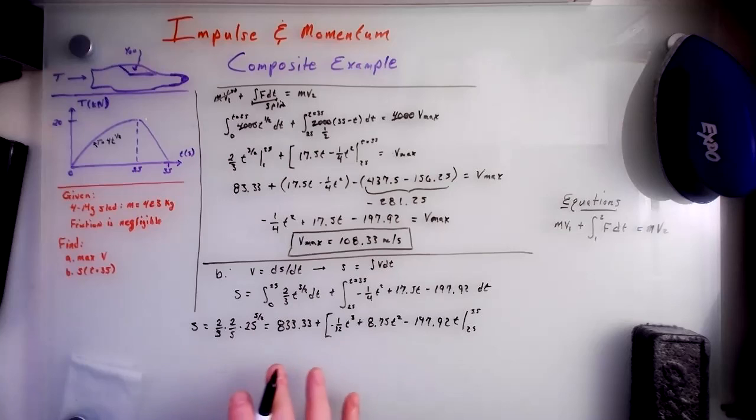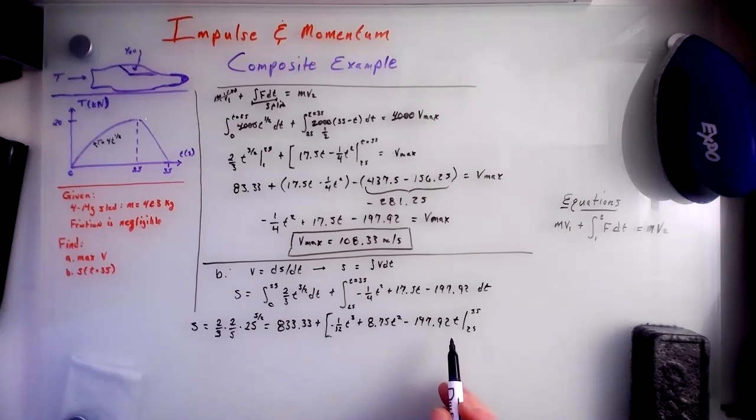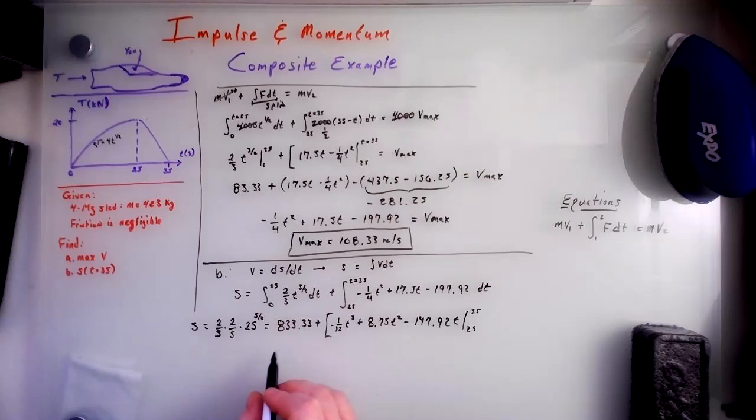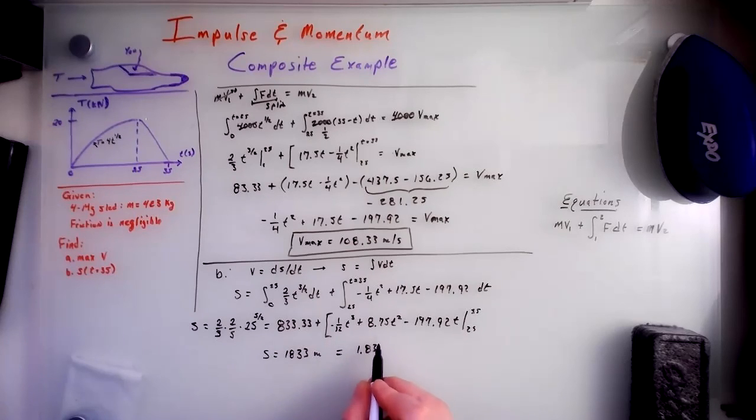When you run these through, hopefully you have a good calculator that can do these quickly. Some calculators can do this in one set. When you do that, you get that S is equal to 1,833 meters, or 1.833 kilometers.